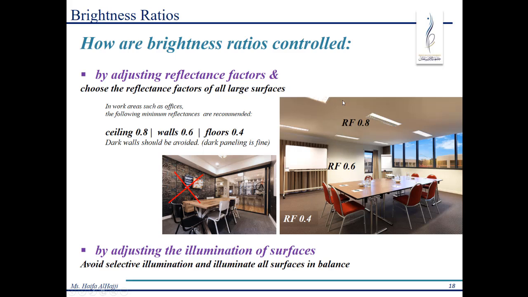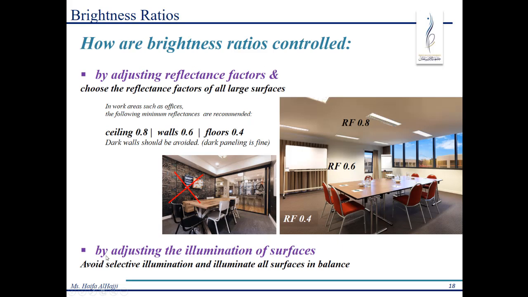So if I paint the ceiling white, it will be even better than what is recommended. I can have an off-white color here to achieve the 80%. I can paint the walls white, or I have the flexibility to paint them up to a beige color, which accommodates 60% reflectance.